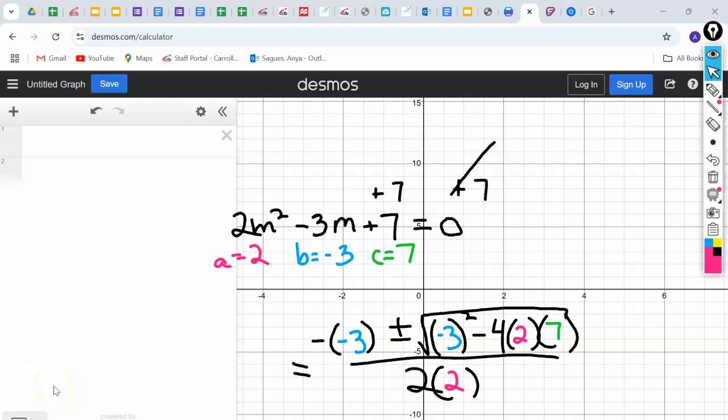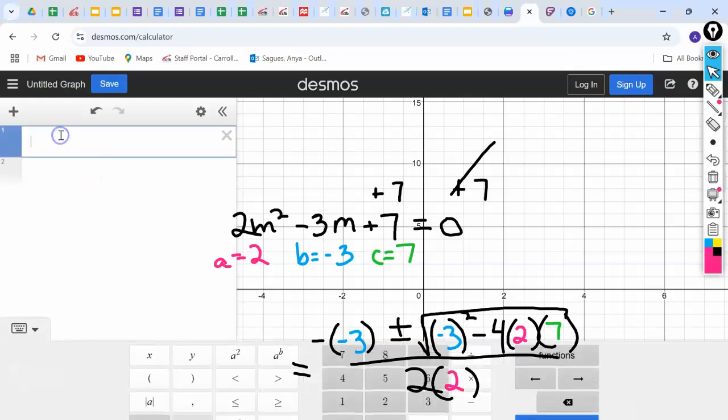All right, so I am here in Desmos, and I am going to be typing exactly what we wrote down on our paper into Desmos to get my answer. So negative parentheses, -3. Remember that there is no plus or minus sign in Desmos, so I have to go one at a time.